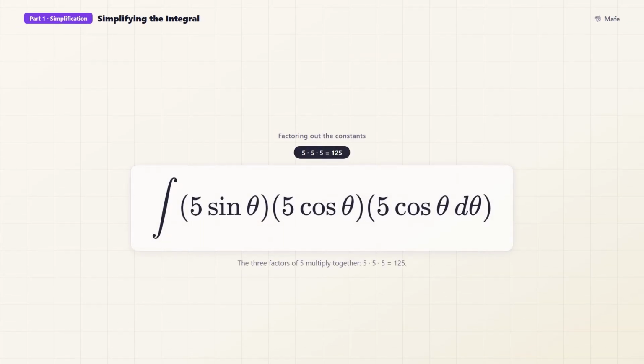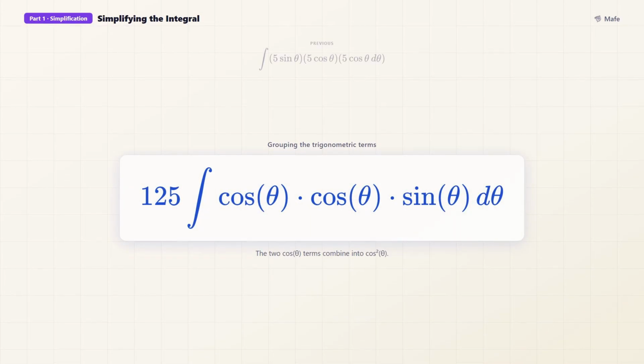After the substitution, we have three separate factors of 5 inside the integral. Multiplying 5 times 5 times 5 gives us 125. We factor out 125 and group the remaining trigonometric terms.